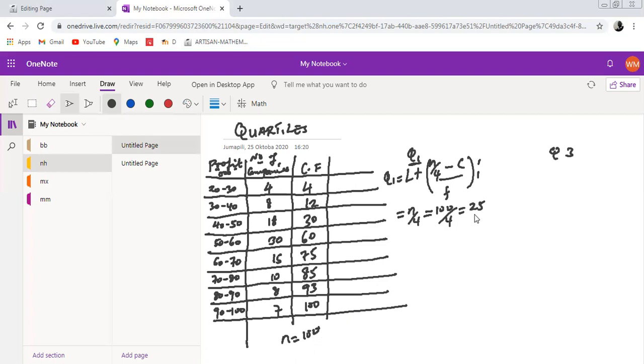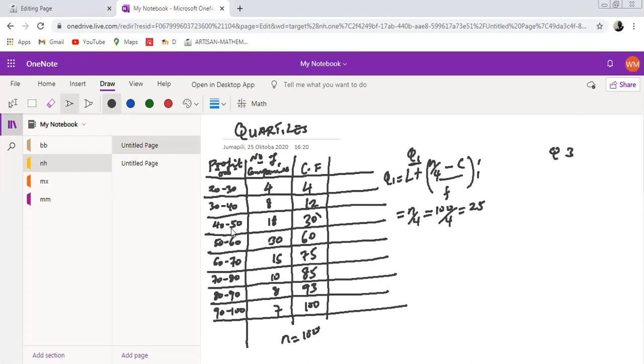So are you able to locate where the 25th profit is going to be? It is going to be here, because it cannot be in the first 12. The first 12 companies had a profit over the range 20 to 30. So the 25th company is going to be in this 30.